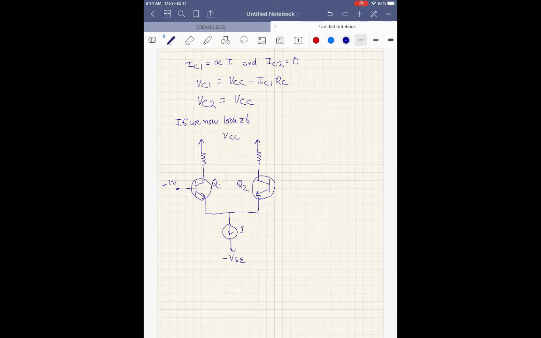Q2, still grounded, 0 volts. Okay. Let's look at what's going on here now. So we've got RC and RC. Okay. So here, Q2 is on, Q1 off. Q2 base to emitter junction is forward biased.